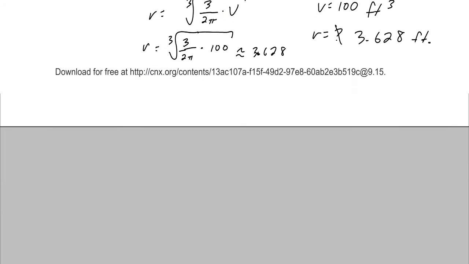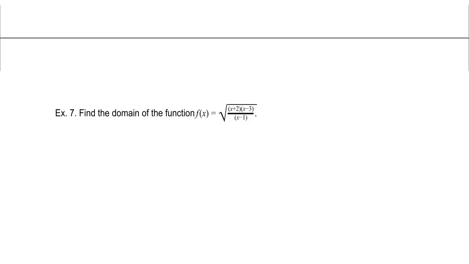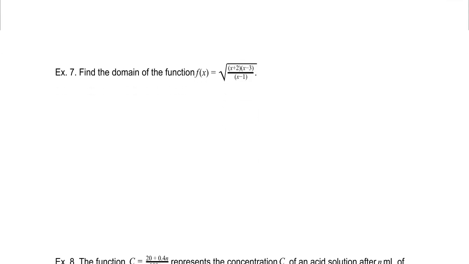For our next problem, we want to find the domain of a function. A fairly complicated function, so we have a couple of things we need to look out for. One is that we cannot divide by 0. But in this case, we're really dealing with a radical function. We need to make sure that our input to the radical is greater than or equal to 0.